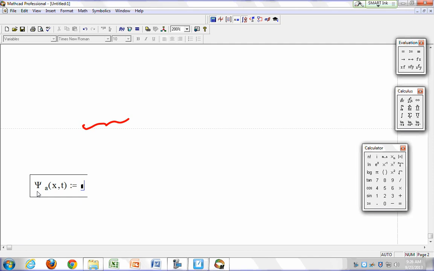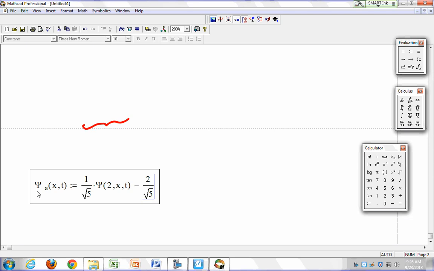Okay, so let's say it's 1 over square root of 5 times psi 2. So it's going to be y, control G, psi of 2xt, right? Minus 2 over square root of 5 times psi 3. So y, control G, 3xt.